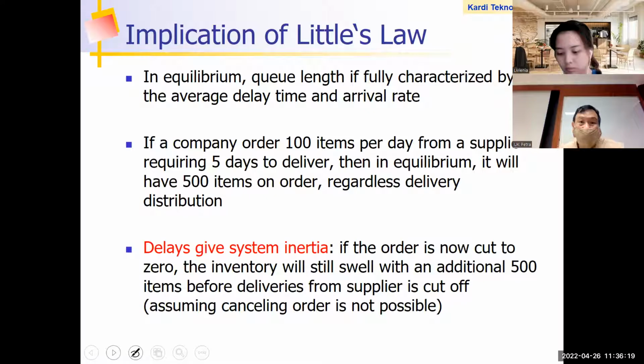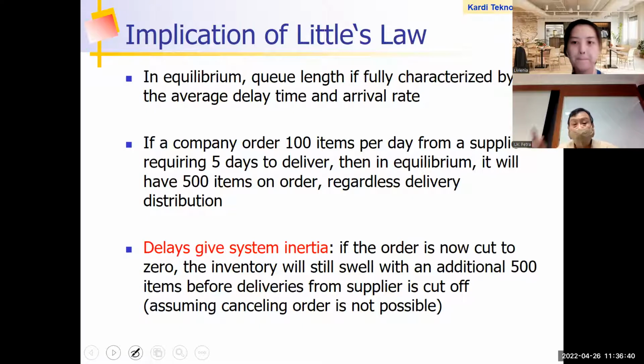What is the implication of this Little's law? In equilibrium, the queue length is fully characterized by the average delay time and arrival rate. For example, a company orders 100 items per day from a supplier requiring 5 days to deliver. That's the delay.